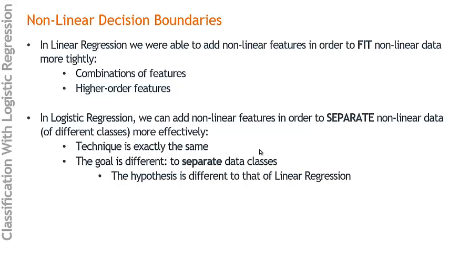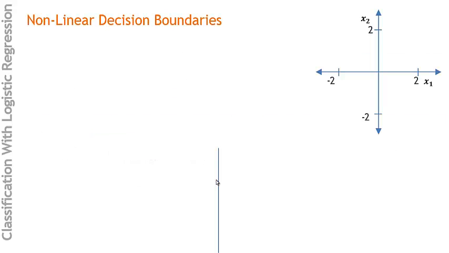And the nice thing is that to fit these nonlinear features, the procedure is very much the same as in linear regression when we had models with nonlinear features. Right? So the goal is different, but the mathematical techniques are similar.